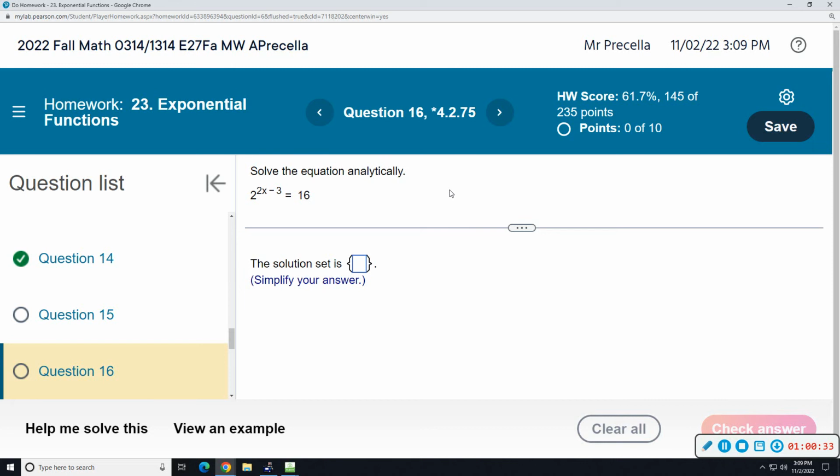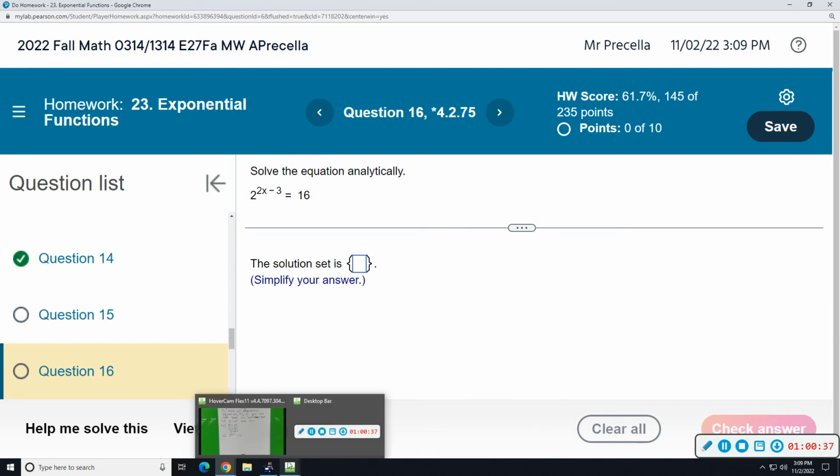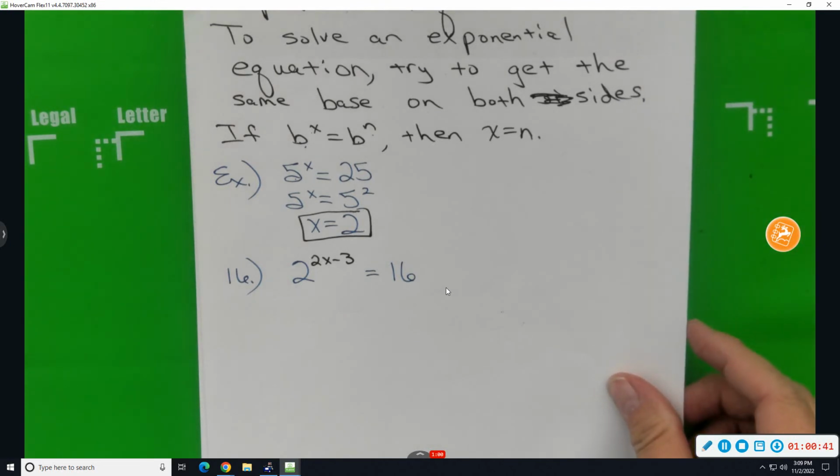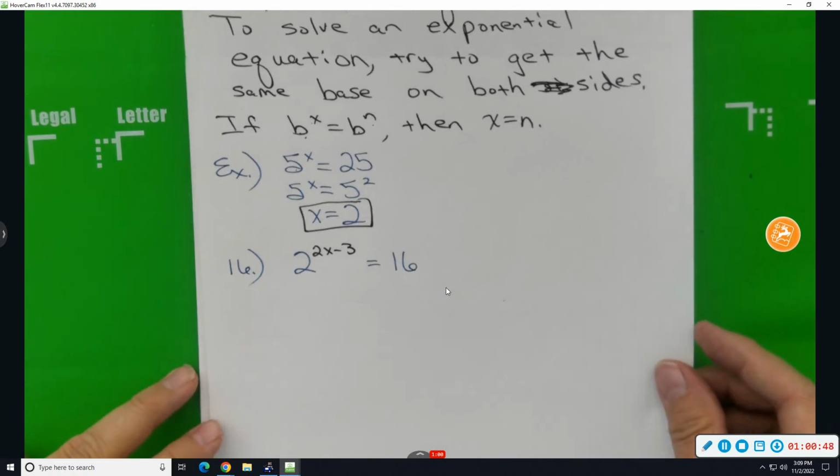Solve the equation analytically. I guess that's the way of saying without using logarithms, but we haven't even introduced logarithms yet, so what other way would there be?